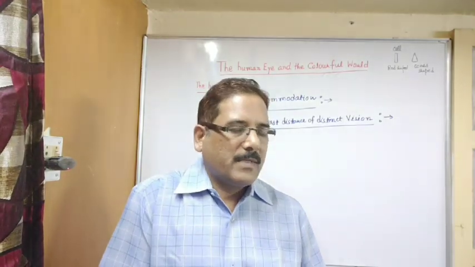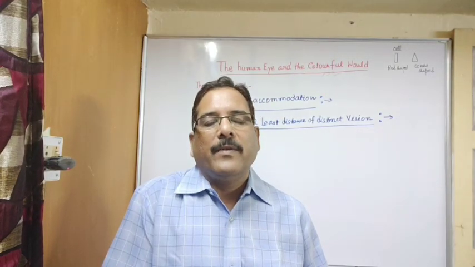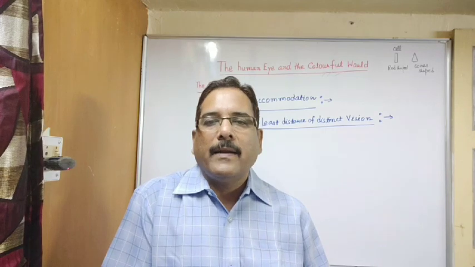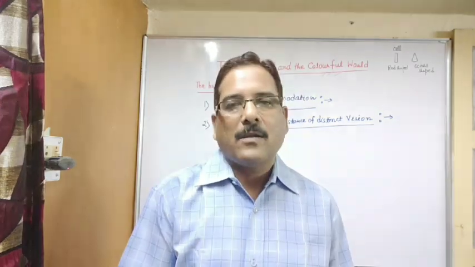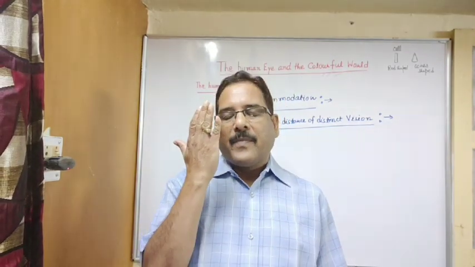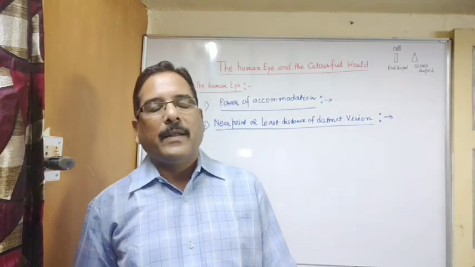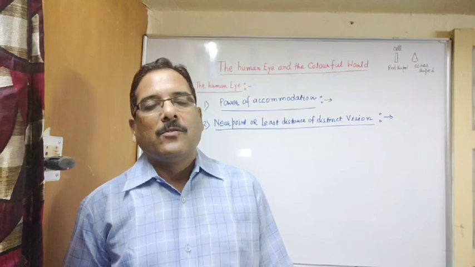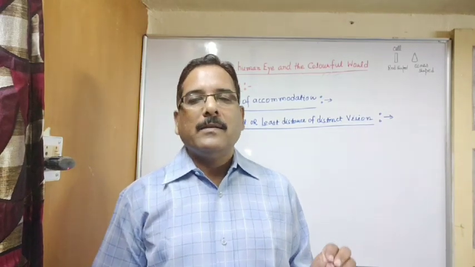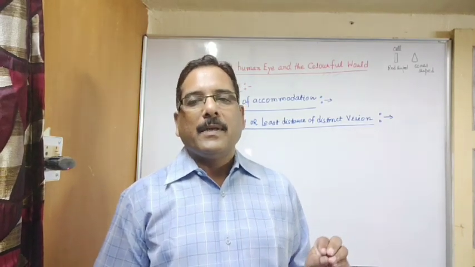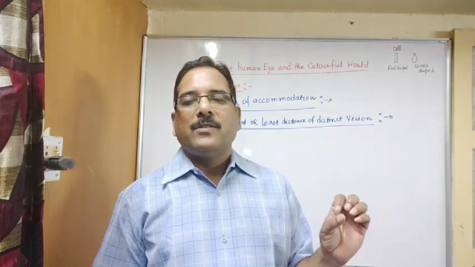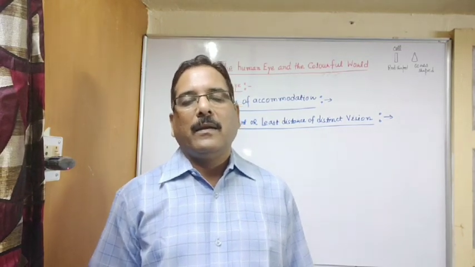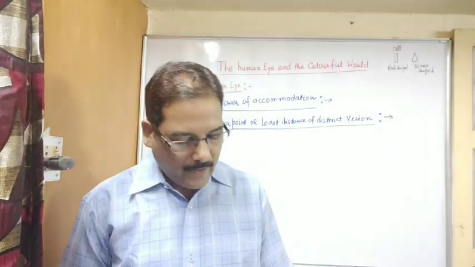You can also say that yes, objects are seen when they are closer than 25 centimeter. Yes, objects are seen when they are very close to the eye, but in that case you have to put strain in your eyes. So without putting in any strain, the minimum distance up to which we can see the object clearly, that is the near point.